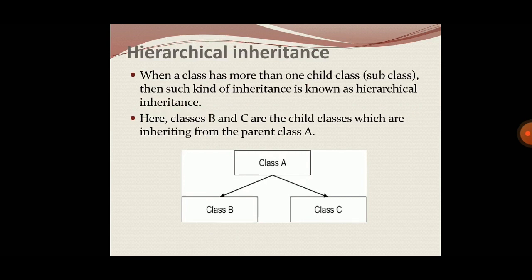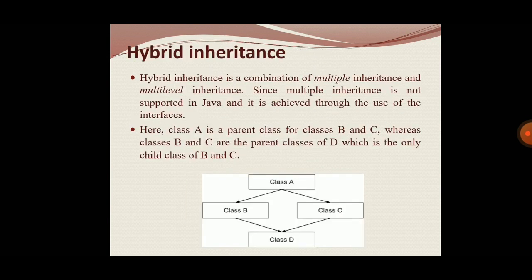Next, hierarchical inheritance. When a class has more than one child class or more than one subclass, it is called hierarchical inheritance. In the example, class A has two subclasses, class B as well as class C. Next is hybrid inheritance. Hybrid inheritance is a combination of multiple inheritance and multi-level inheritance.